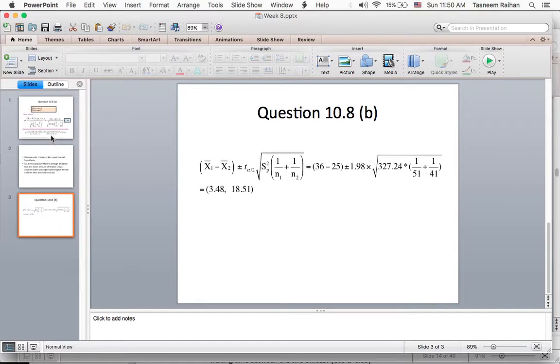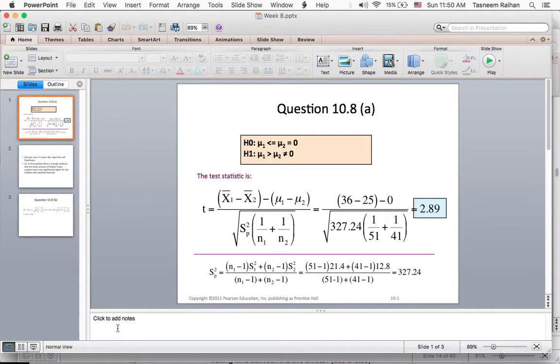If you go back quickly in this question, the degrees of freedom, df, is just the denominator that we have in the formula for s squared p. So the denominator here is n1 minus 1 plus n2 minus 1, which simplifies to n1 plus n2 minus 2. These degrees of freedom are very important in hypothesis testing and also in confidence interval estimation.